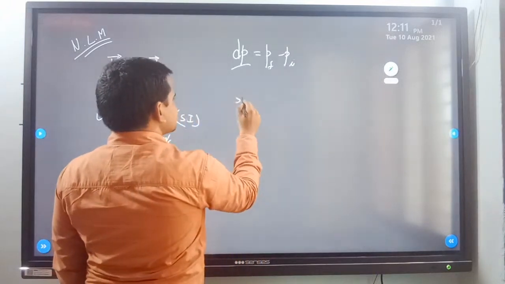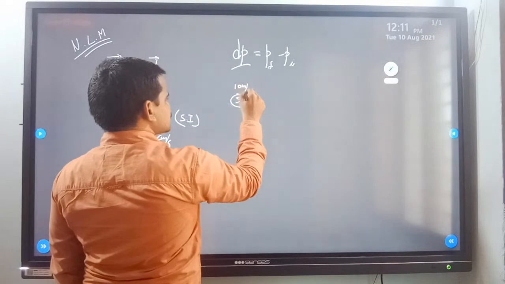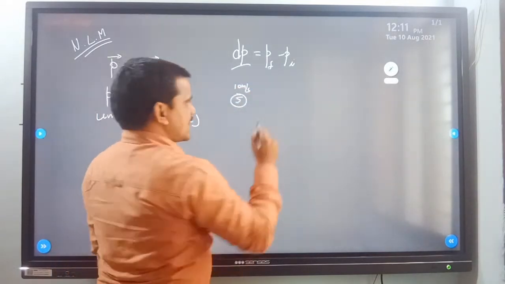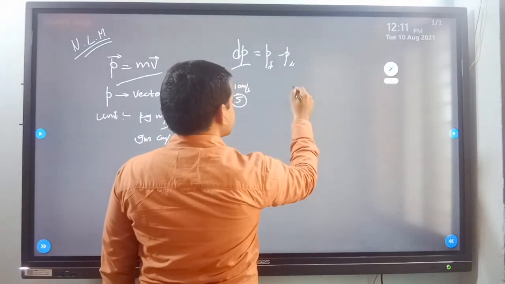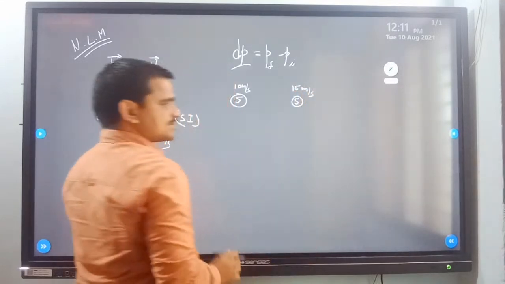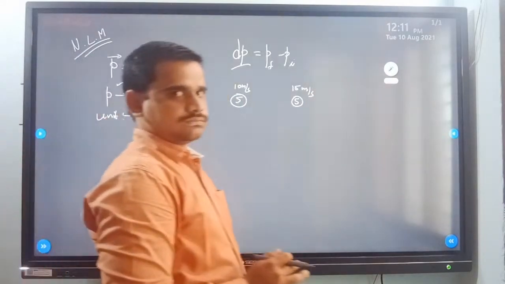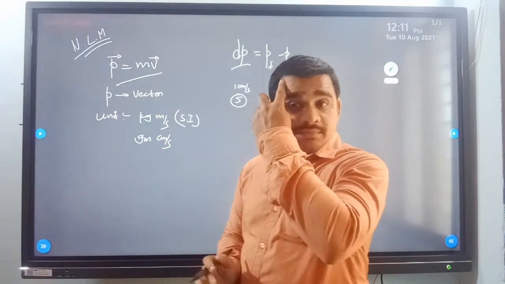A 5 kg body is moving with 10 meter per second velocity in the x-axis direction. After some time, the same 5 kg body's velocity becomes 15 meter per second.